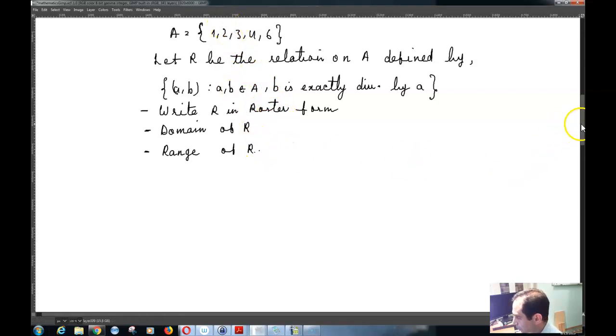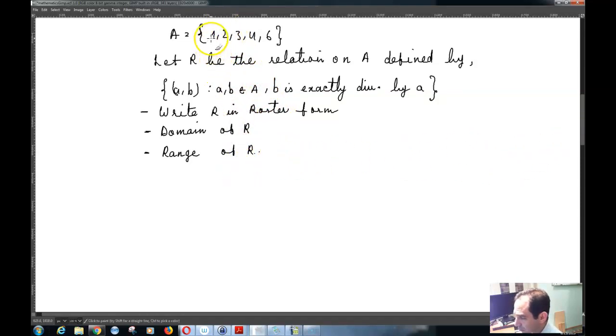So if you calculate A times A, or the Cartesian product of A by A, you will get (1, 2), and then (1, 3), and then (1, 4), and so on and so forth, all the way up to (1, 6). And then you come all the way up to (6, 1), and go all the way up to (6, 6).